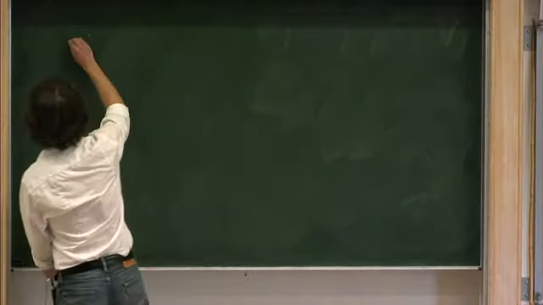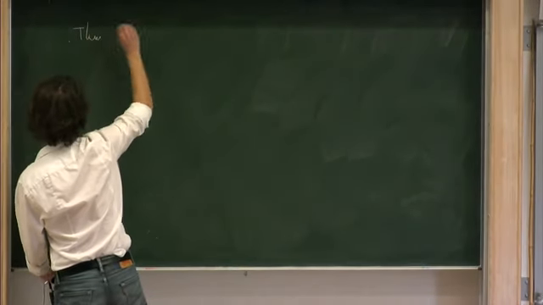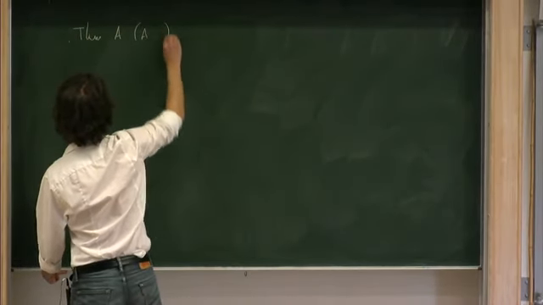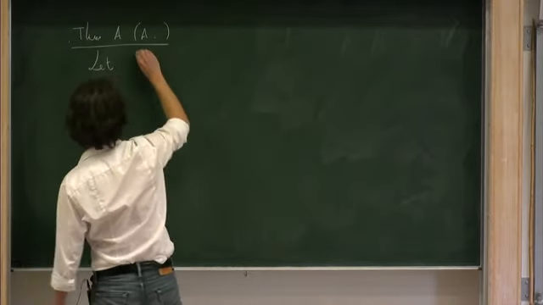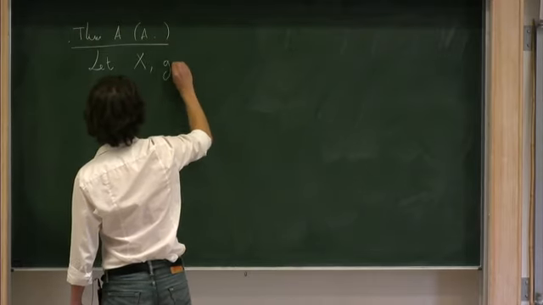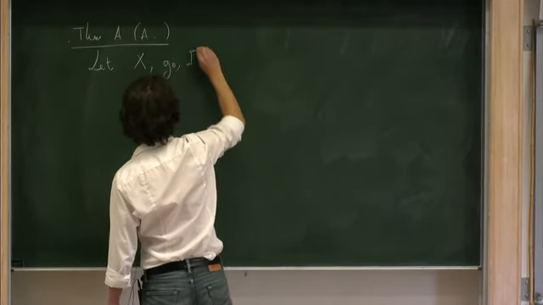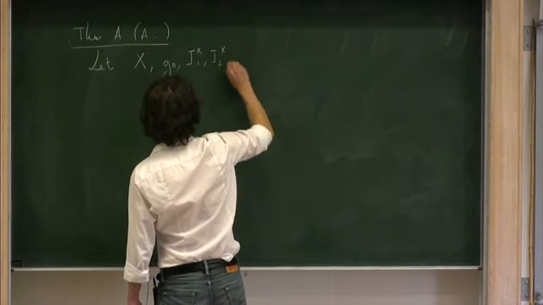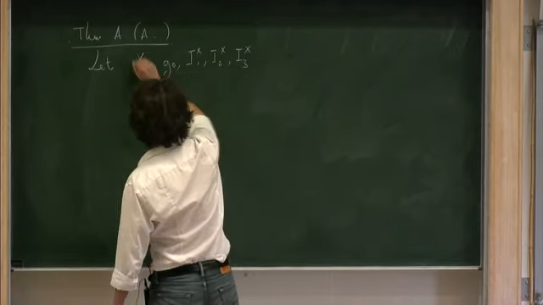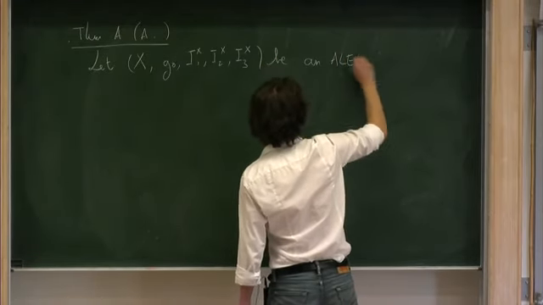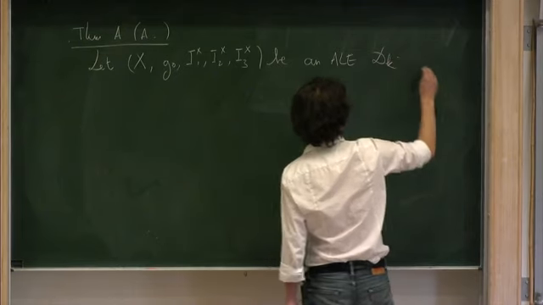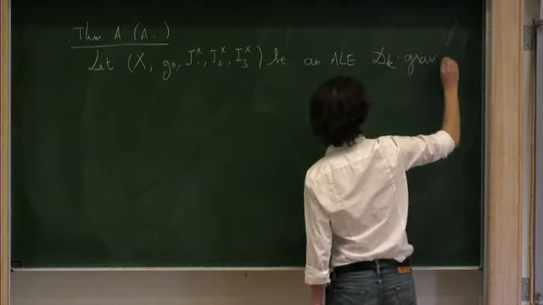So this will be my theorem 1, A. So let X, g0, I1 of X, I2 of X, I3 of X be an ALE decay gravitational instanton.